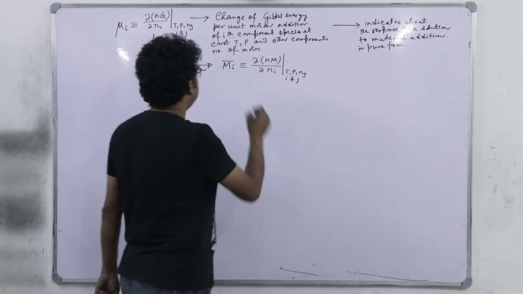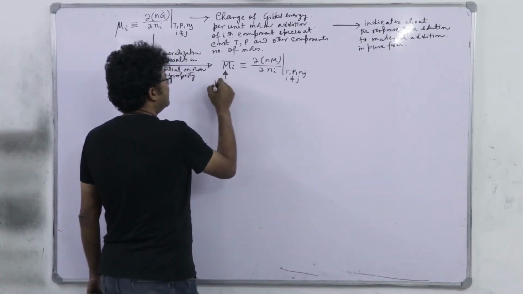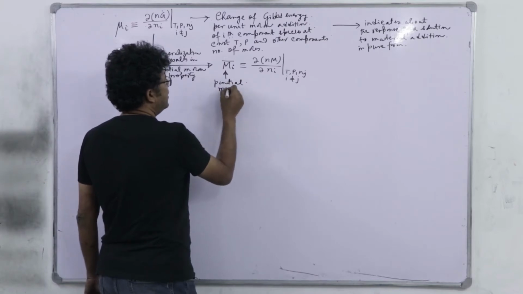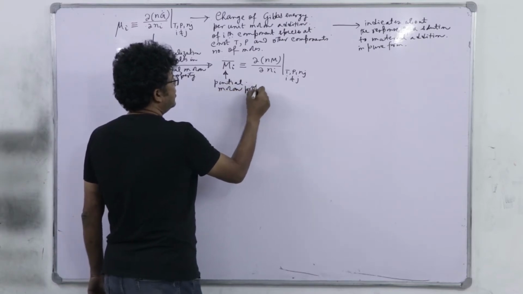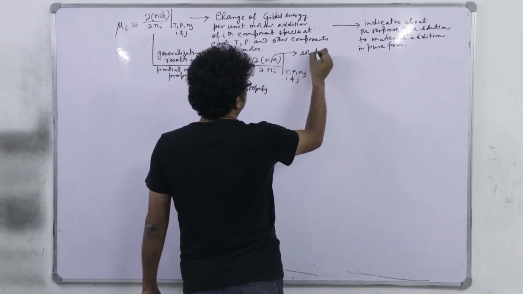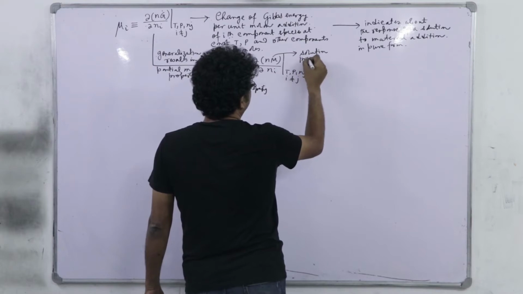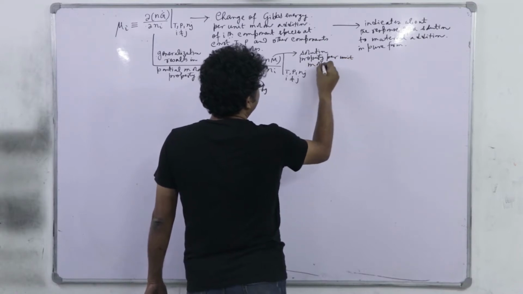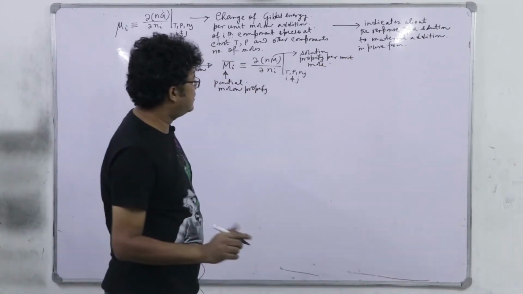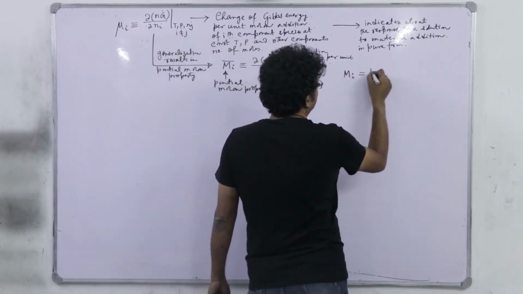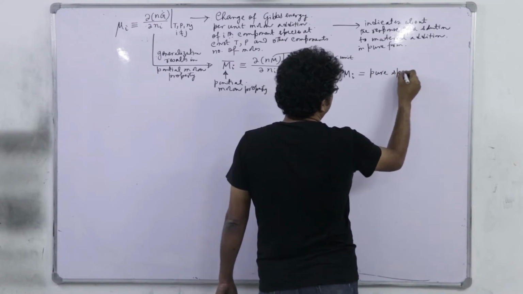So, here this M i bar is the partial molar property, that is the solution property per unit mole, and in relation to that we must note that if I write M i, it is the pure species property.